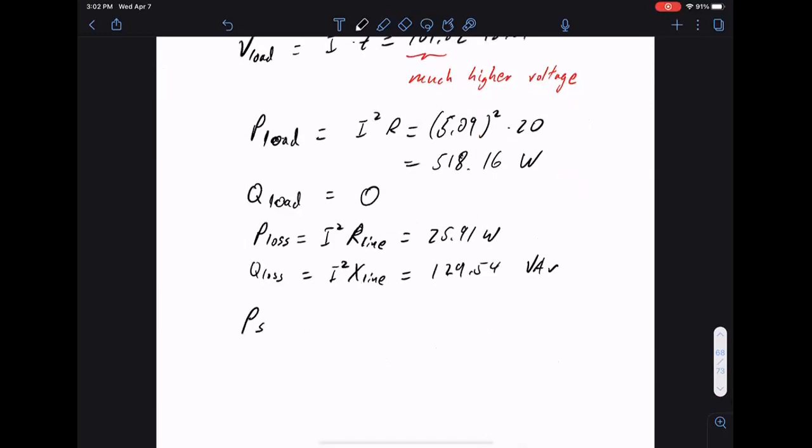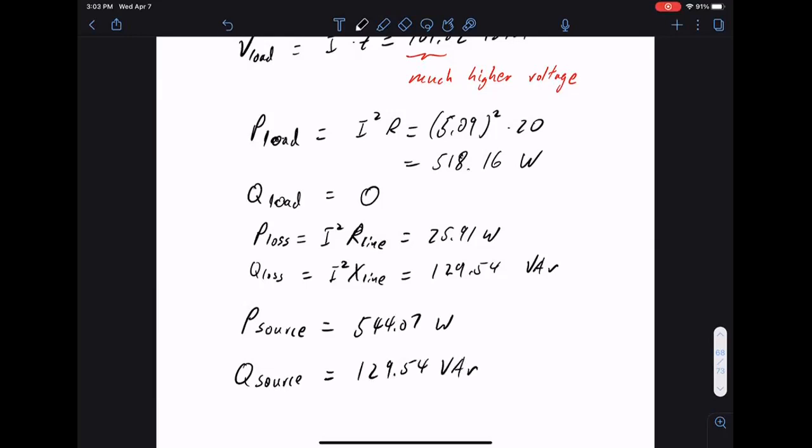Then you can add all this together to figure out the source as 544.07 watts. The reactive power coming from the source is 129.54 volt-amp reactive.